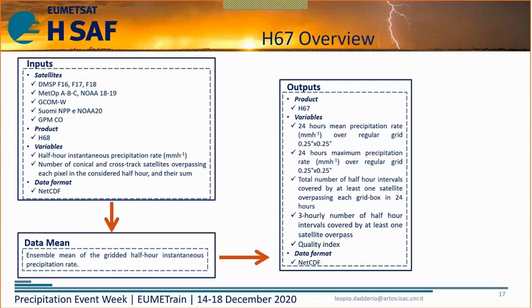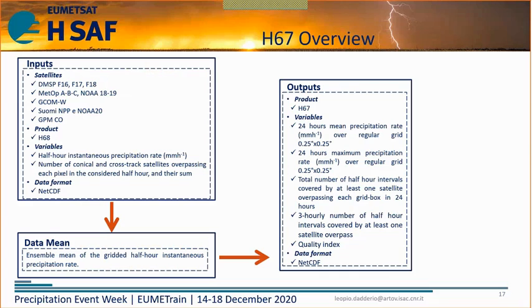So this is the block diagram of H67. The input product of H67 is H68.